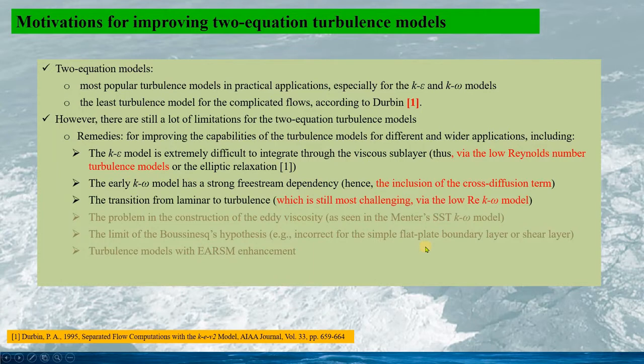The transition from laminar to turbulence is still very challenging, and the low Reynolds K-omega model is for this purpose. And these items would be discussed in the second part of the talk on the enhanced turbulence models. And in the talk, some applications would be given.